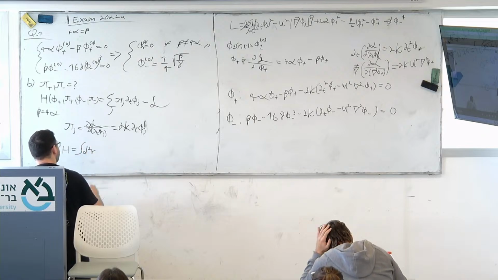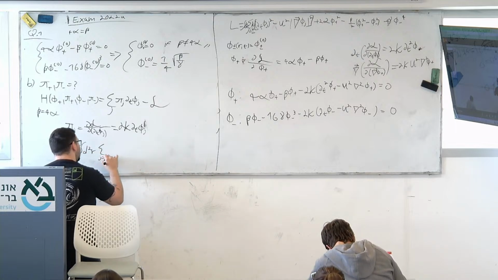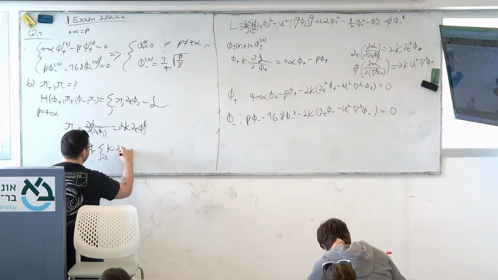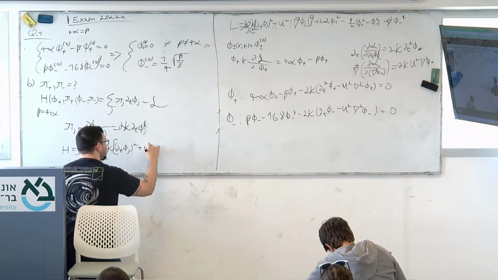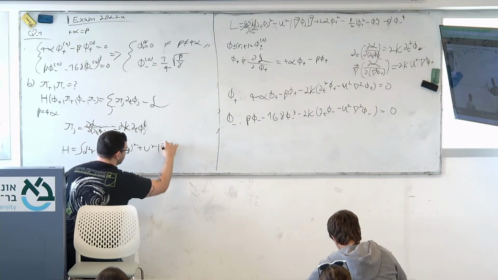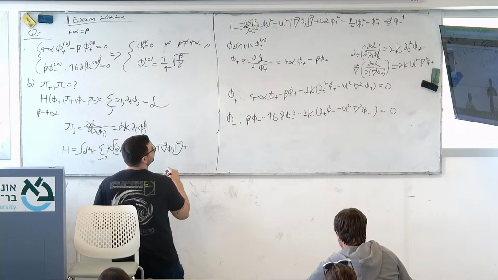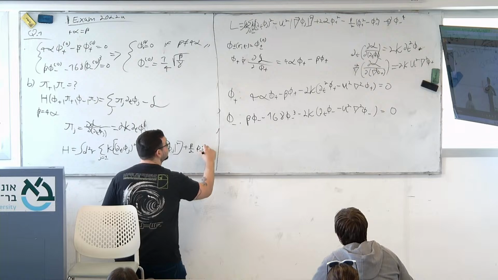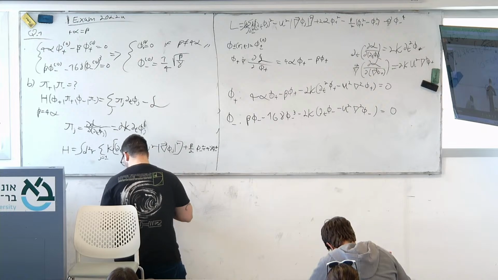integral d squared r sum over j equals plus minus kappa dt phi j squared plus, this time it's plus because it's minus minus, spatial derivative squared plus beta divided by 2 phi minus squared plus 4 gamma phi minus to the power of 4.